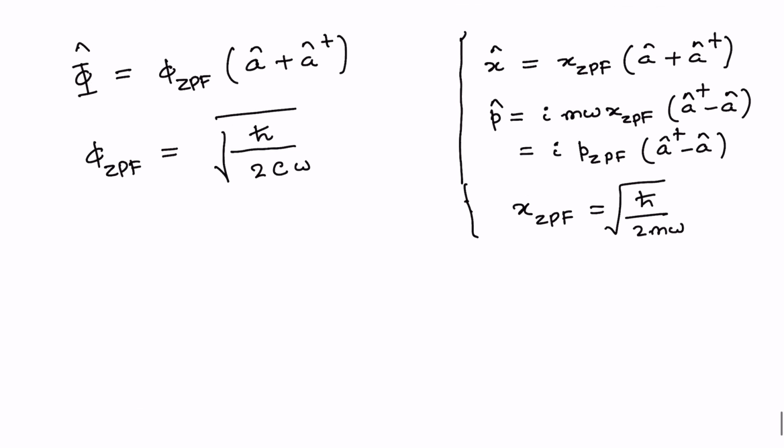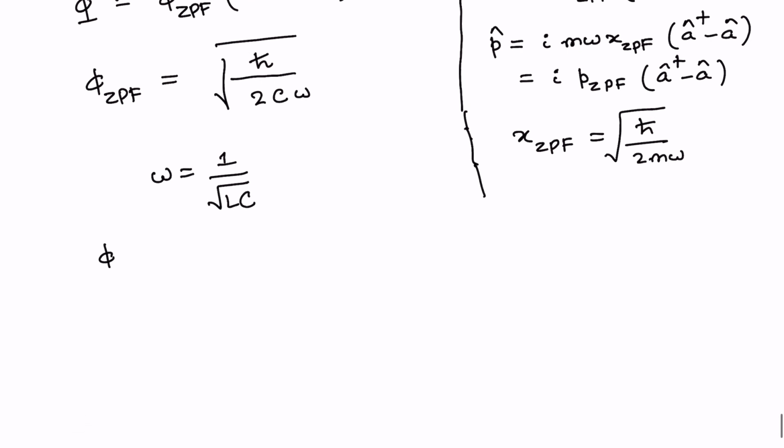Now you see, omega is equal to 1 by root over LC here, and using this I can write phi ZPF is equal to square root of h cross divided by 2.